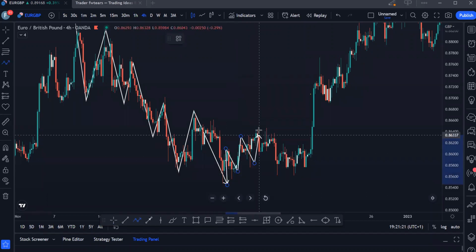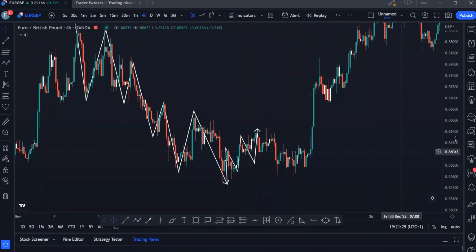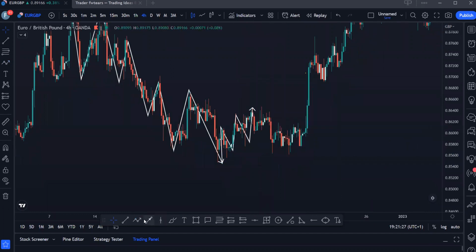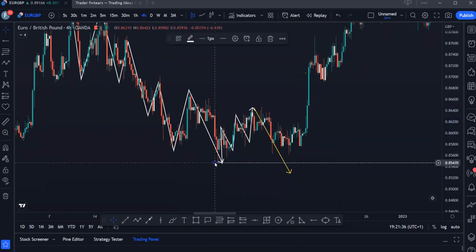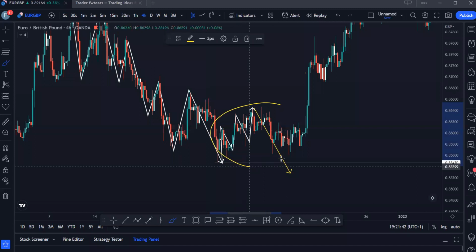You can see. But ultimately, price did not create a lower low, because price did not break this low here. Okay, so all of this, we call it, this is an internal structure.